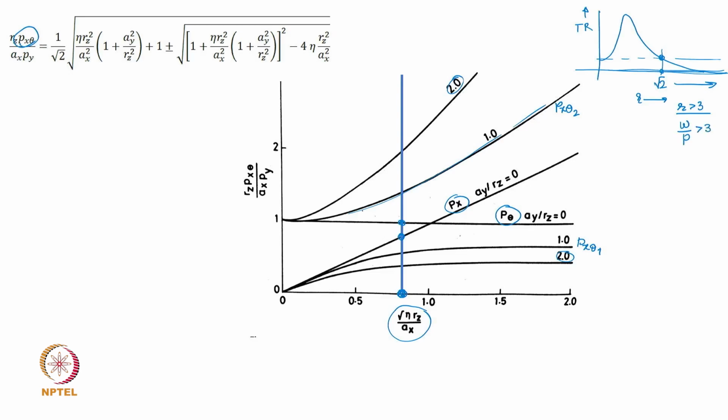Omega by p greater than 3, which actually means that p should be, now your omega is already decided, for that omega, your p should be less than 1/3 of that excitation frequency, right? So ideally, what is your design consideration? You would like to have your natural frequency as low as possible, right?